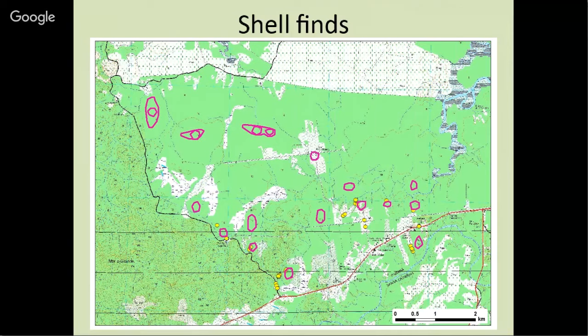Some of them I wasn't able to get to. For example, in the south of the red road, you can see there's an area marked, and there are shells near it. I couldn't get into the area where the prediction was, because it's a rice field now, and there's a thin path about 1.5 meters wide going through the middle of the rice field.